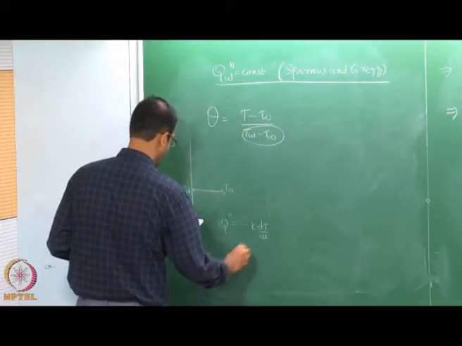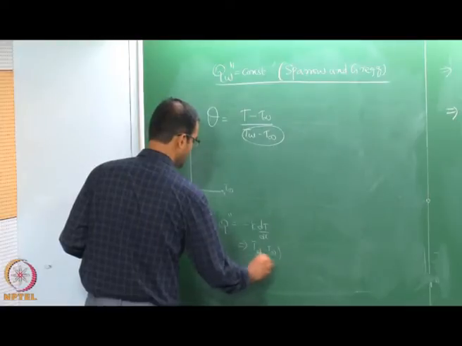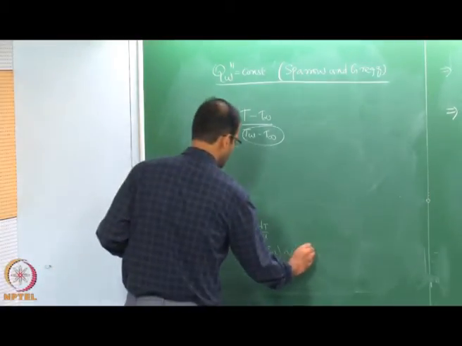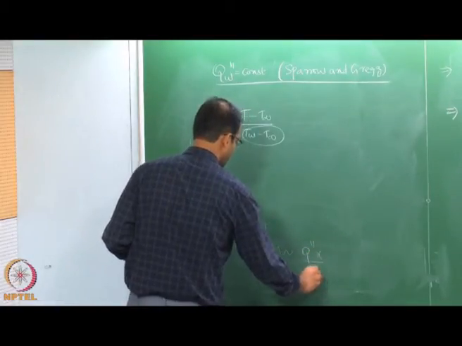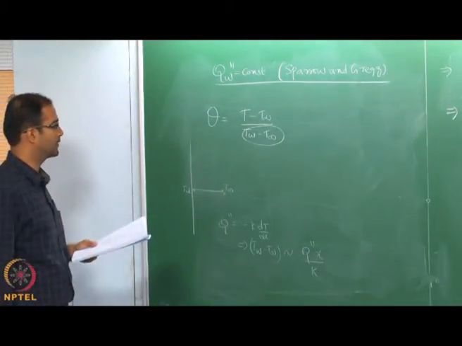Therefore, T wall minus T infinity, the order of magnitude of this will be q double prime into x by k. We are just looking at the order of magnitude.